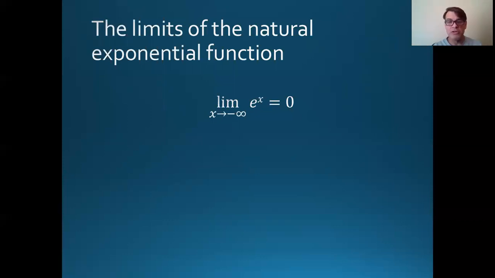So the limit as x approaches negative infinity of e to the x is 0. By the same token, e to the x itself, when x is positive, is getting bigger and bigger. So the limit as x approaches infinity of e to the x is infinity. Check that off the list.